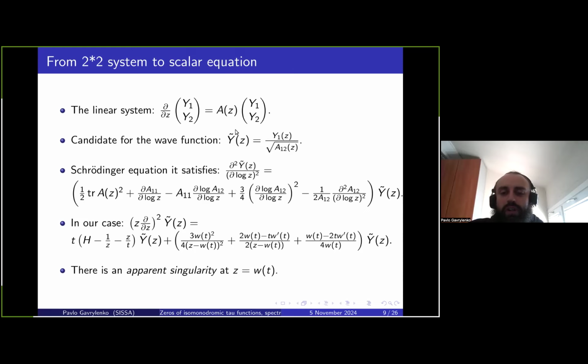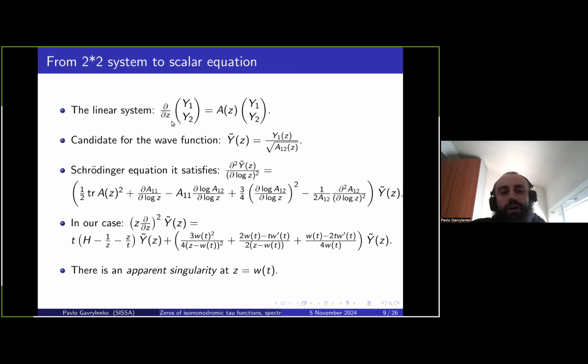And if we finish writing this equation for y tilde, we notice that it contains something quite understandable. It is a trace of a of z squared, half of this trace, and it corresponds classically to the characteristic polynomial of a of z.